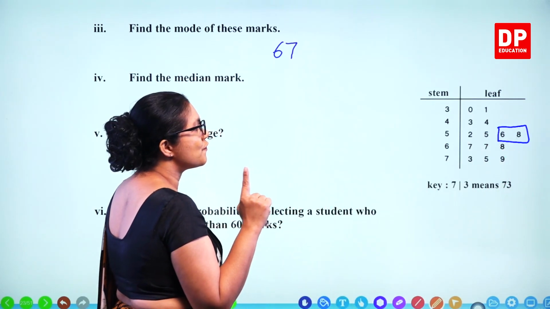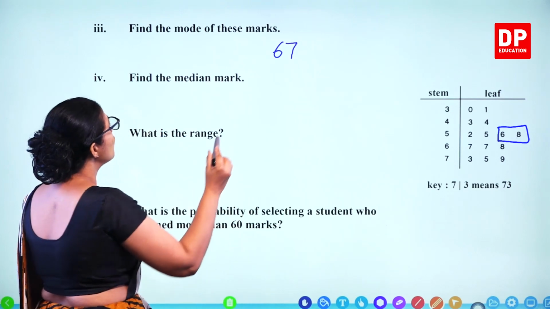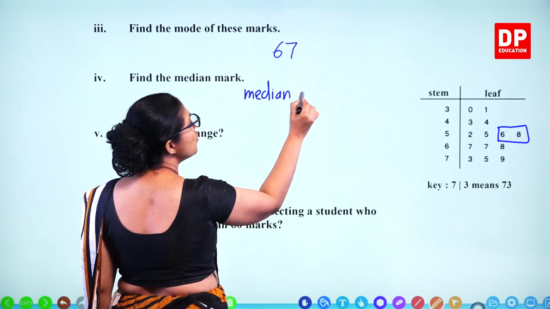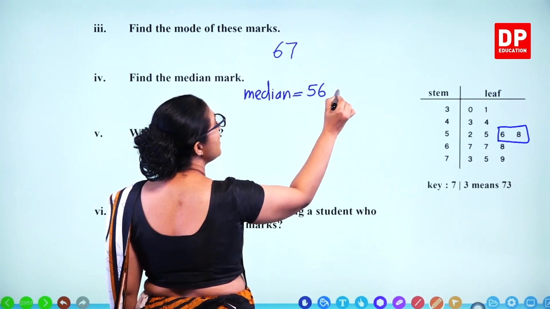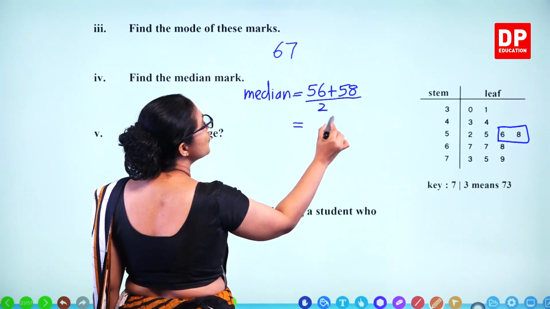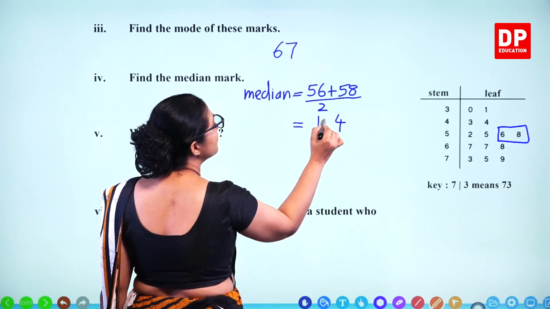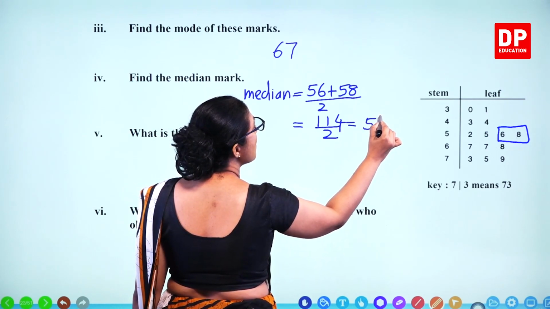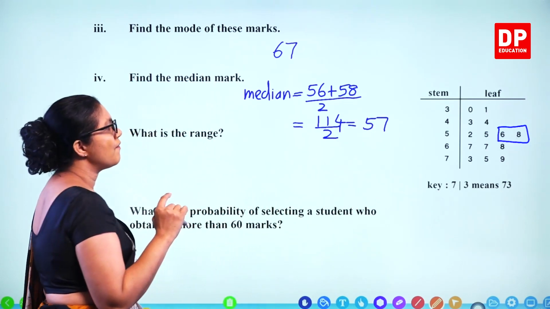What are the 2 numbers? 56 and 58. So what is the median? You take the average of the 2 numbers, 56 and 58. Divide by 2. So you get 57 is the median value.